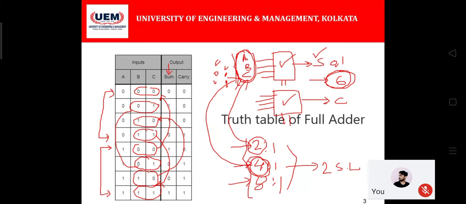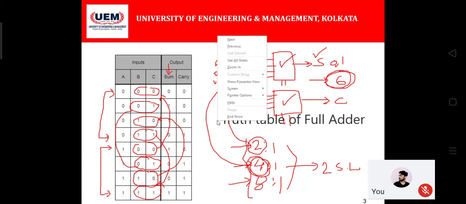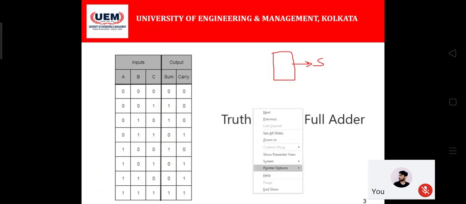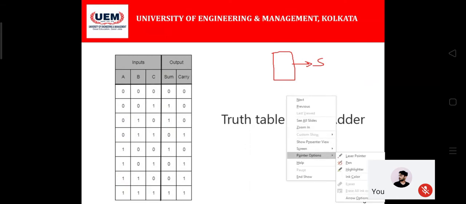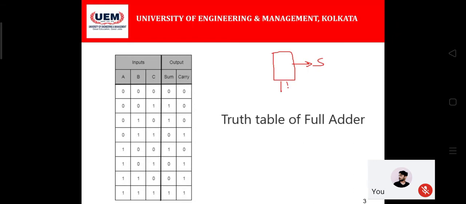What we see is one thing very easily that can be matched with the truth table. Let me just clear out the full screen. So one thing that can be matched with B, C is the multiplexer that we will be using. You can see that it is a 4:1 multiplexer. The reason is that if we take 3 variables, as we discussed last day, if our equation has 3 variables, then n minus 1 will be the number of select lines.